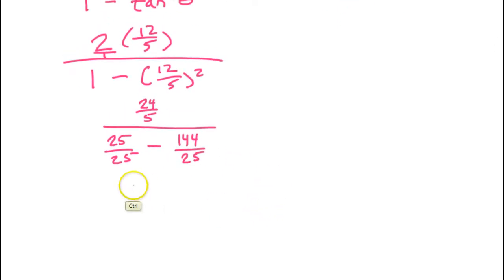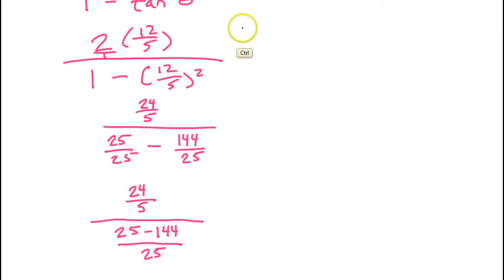Okay, so now I can go ahead and put these together. So in the numerator I still have 24 over 5. And now in the denominator I have 25 minus 144 over 25. Okay, I'm going to make a new column and bring my work up here.